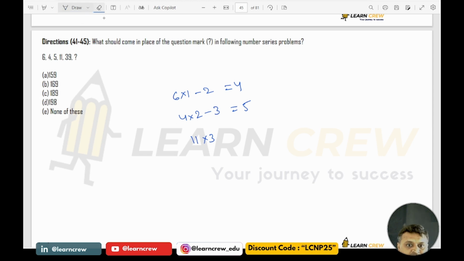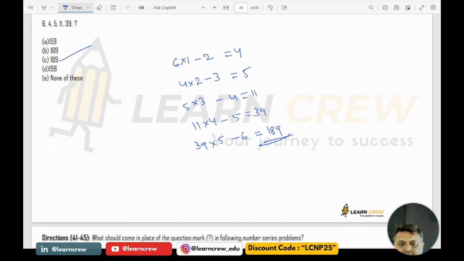Next 5 is there now. 5 into 3, 15 minus 4 is 11. 11 into 4 minus 5, 39. Like that, 39 into 5 minus 6, 195 minus 6 is 189. So the answer is 189.